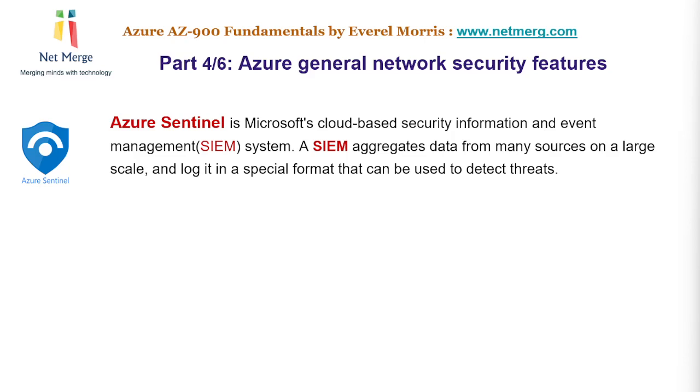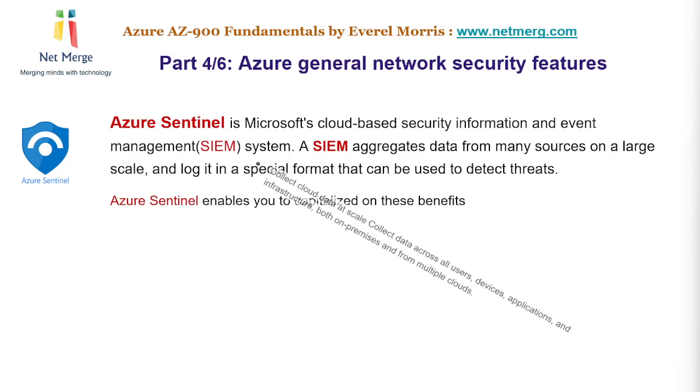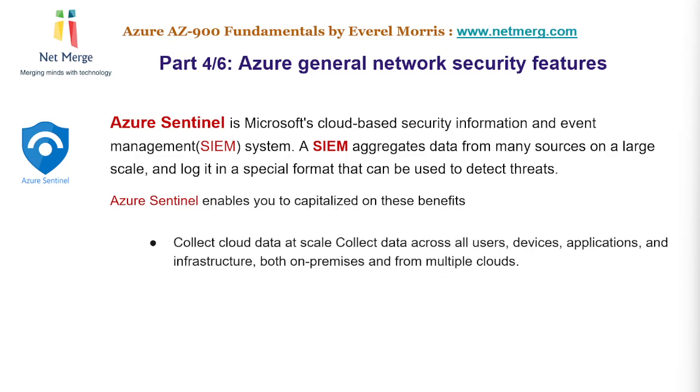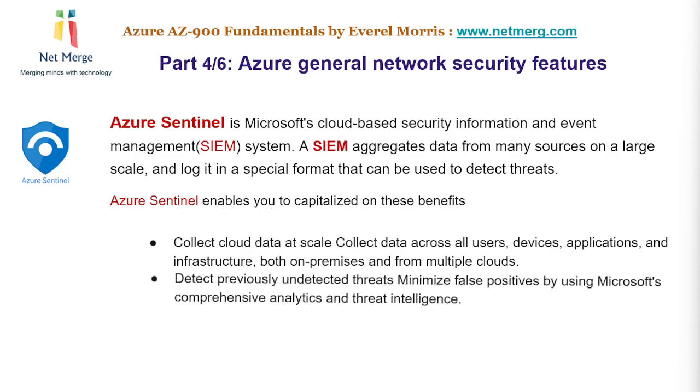So again, it's another part of the security posture that you could use it for. Azure Sentinel enables you to capitalize on the following benefits, and we'll take a look at them. You're able to collect data at scale, across all users, all devices, all applications, all your infrastructures, on premises or off premises, and you're able to collect that data to use downstream for analysis or whatever purpose you need.